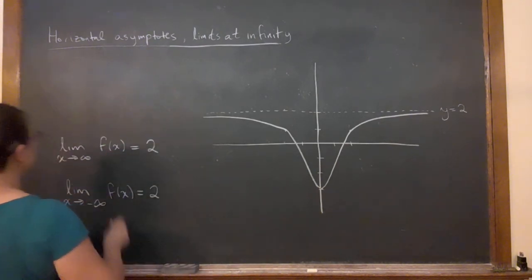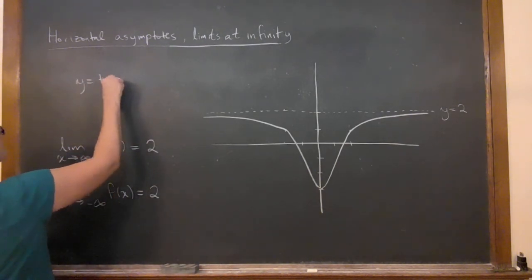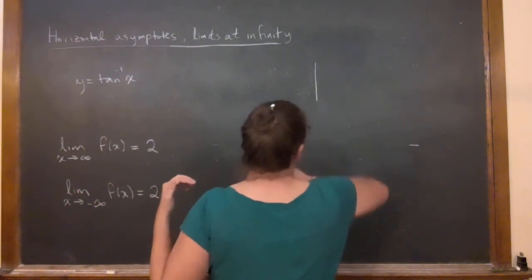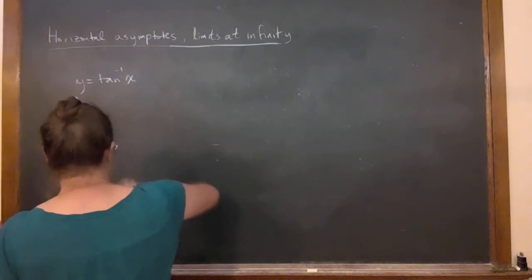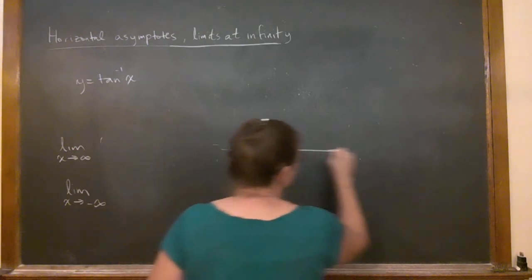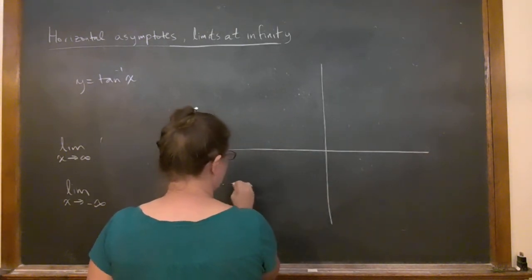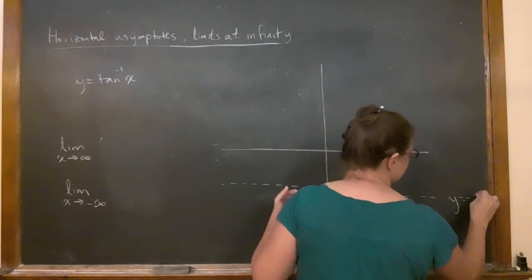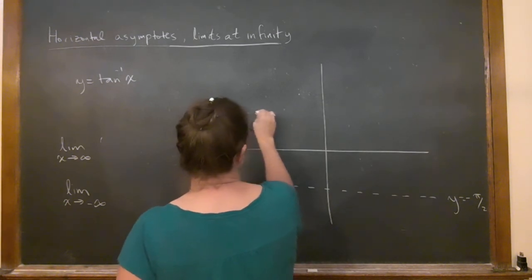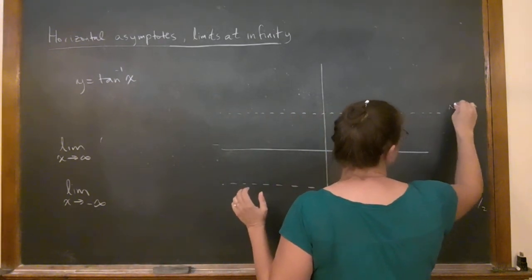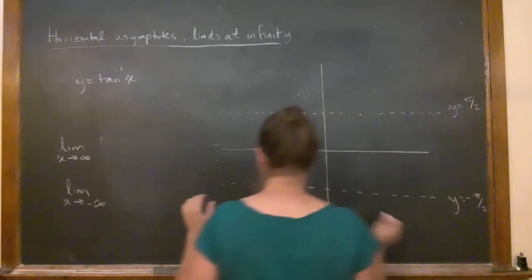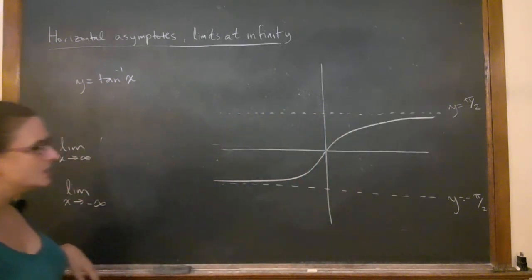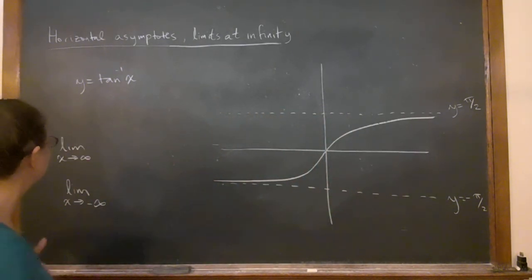If I take, for example, inverse tan of x, it has two separate horizontal asymptotes, because tangent has those two vertical asymptotes. We had this long discussion last week. This is my function.